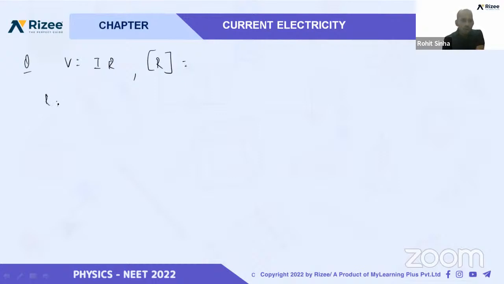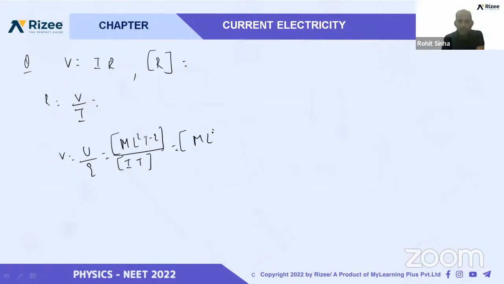You know R is equal to V by I, and V is equal to U by Q. Energy dimension is ML²T⁻², and Q dimension means I into T. You can solve it like this: V is ML²T⁻³I⁻¹.